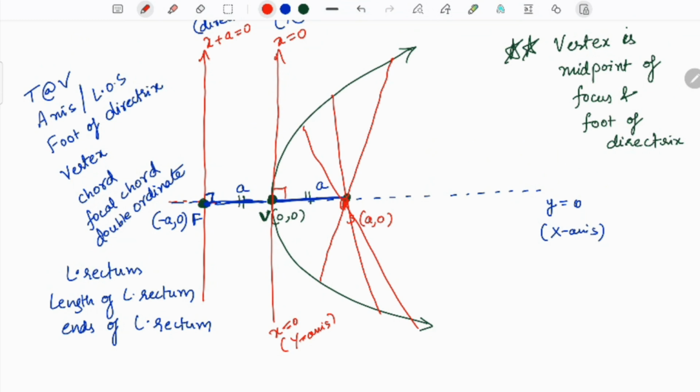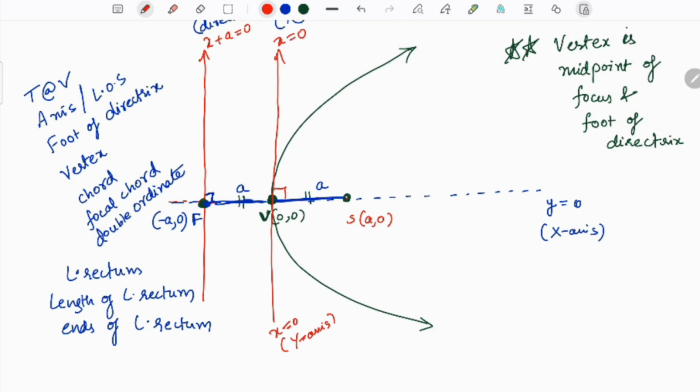So how many focal chords are possible for a parabola? Infinite. So you understand what is focal chord. Chord passing through focus is called focal chord. What is chord? Line joining any 2 points on the parabola.